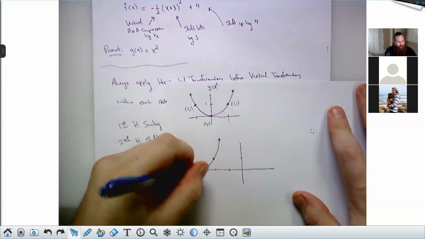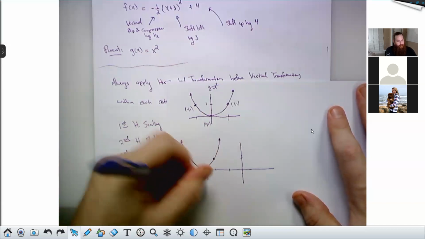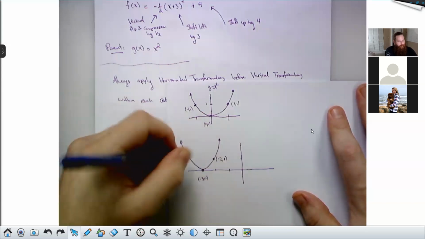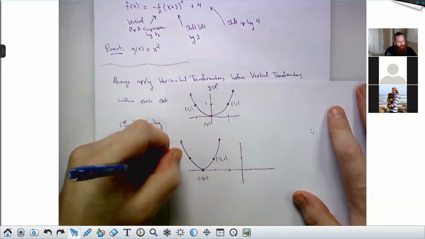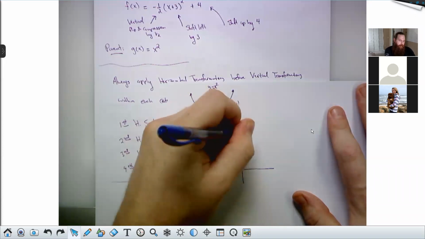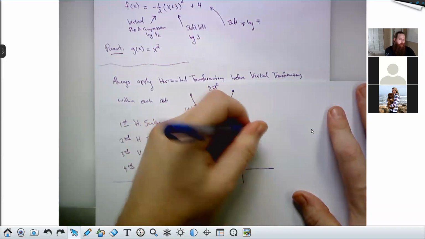So the point 0, 0 is going to go to -3, 0. The point 1, 1 is going to go to -2, 1. And the point -1, 1 is going to go to -4, 1. This is the graph y equals x plus 3 quantity squared.